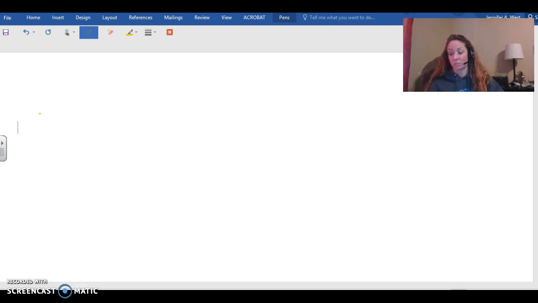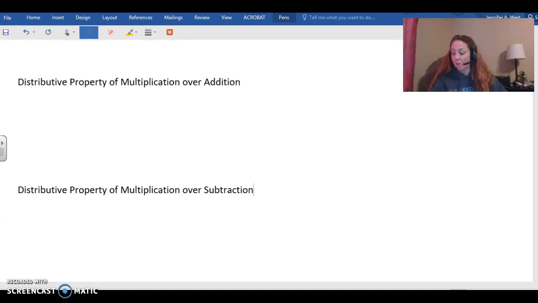So, an example of the distributive property of multiplication over addition. Here we go. Okay, so make sure you get this in your notes.